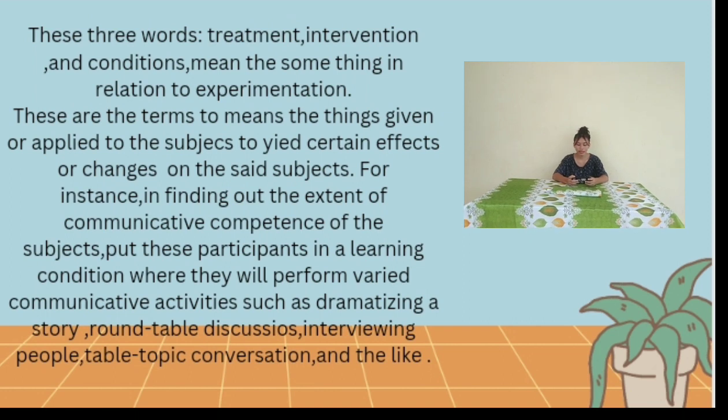For instance, in finding out the effects on communicative competence of the subjects, the participants were placed in learning conditions where they performed varied communicative activities, such as dramatizing a story, roundtable discussions, interviewing people, table topic conversations, and the like.